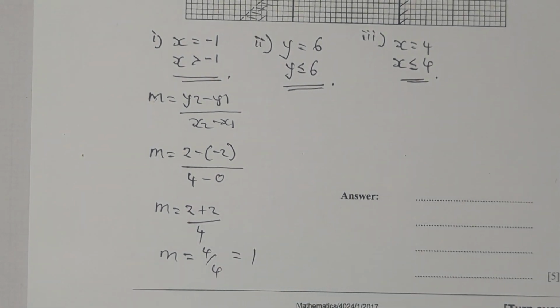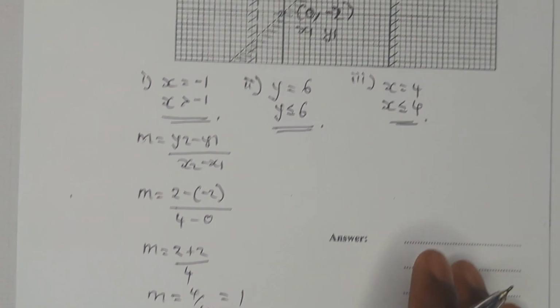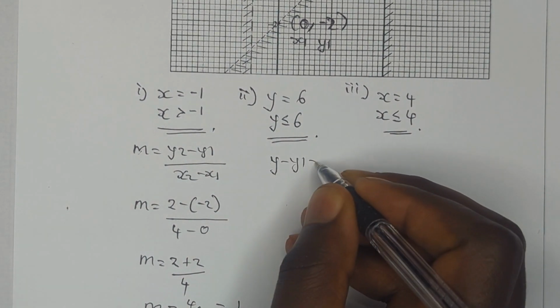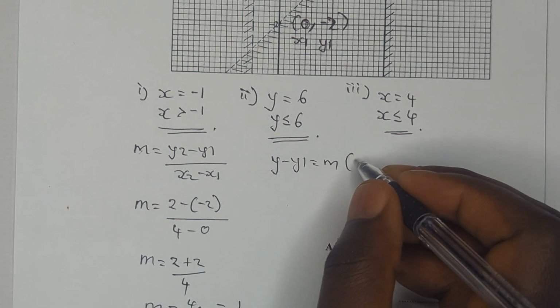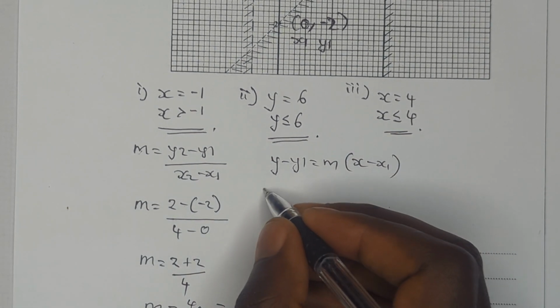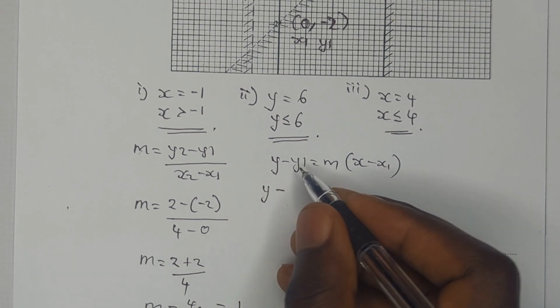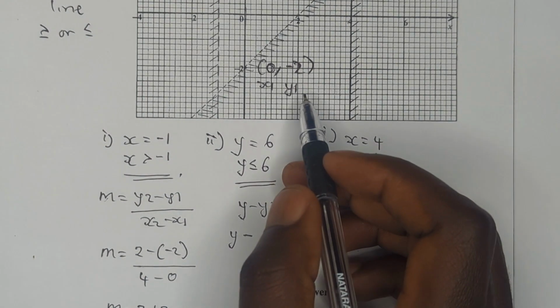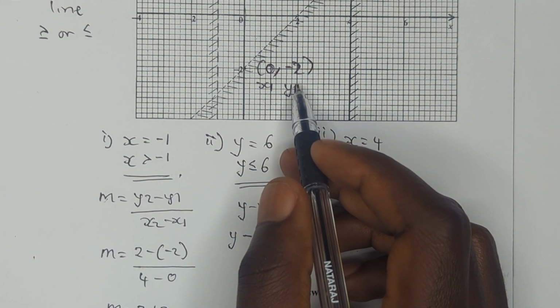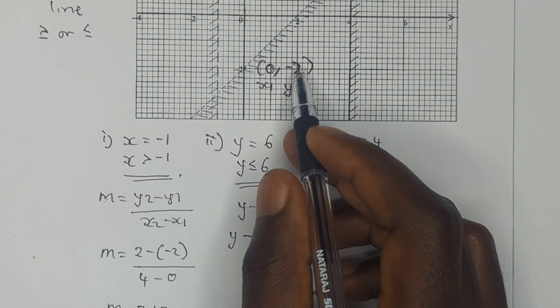Now that we have the gradient, we can apply this formula: y minus y1 is equal to M, open bracket, x minus x1. So y minus our y1, which is this point here, and this is -2.